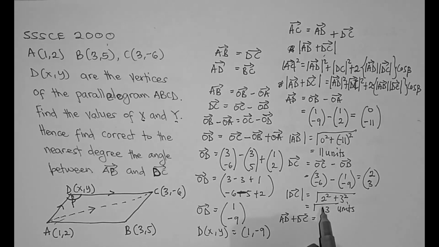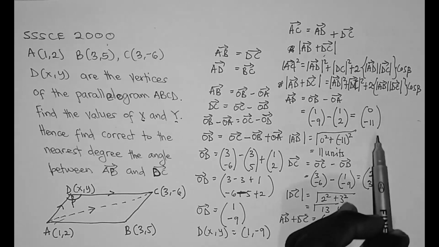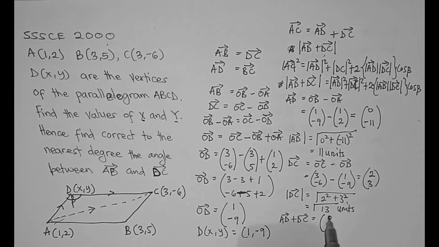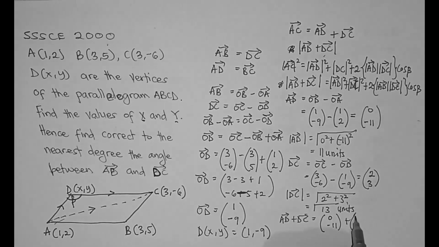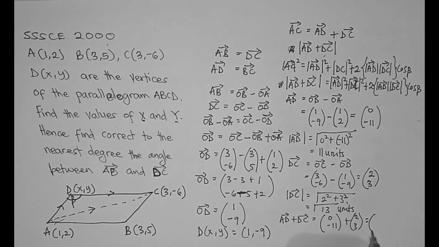We found vector AD as 0, minus 11. Then we found vector DC as 2 and 3. So if we add both, this is equal to 0 plus 2 is 2. Minus 11 plus 3 is minus 8. So 2 and minus 8.